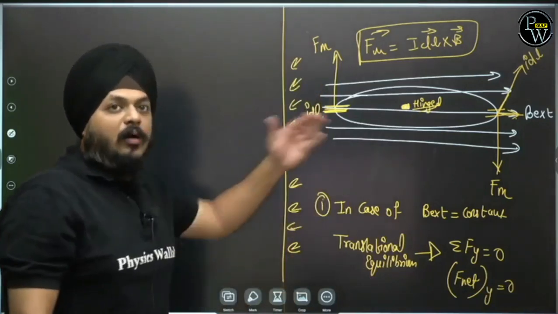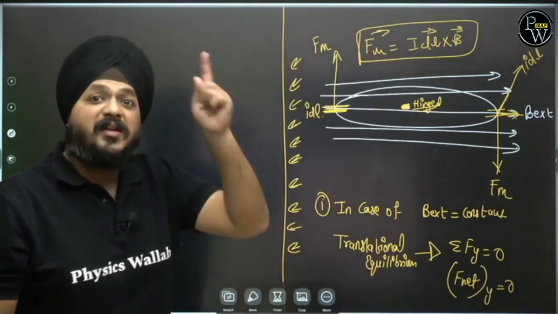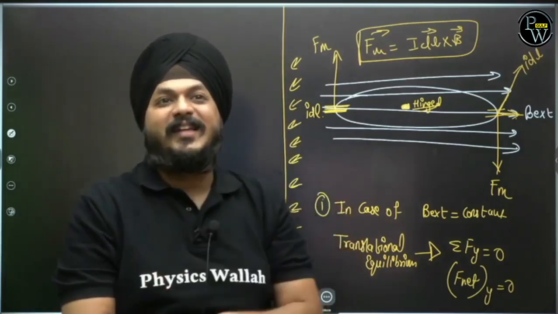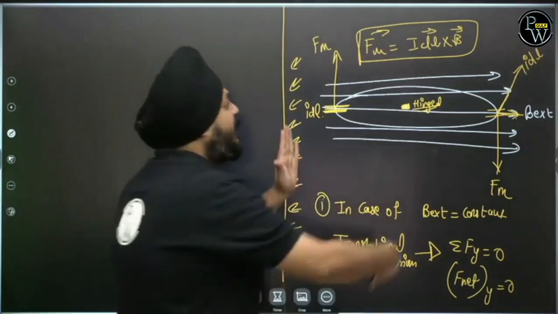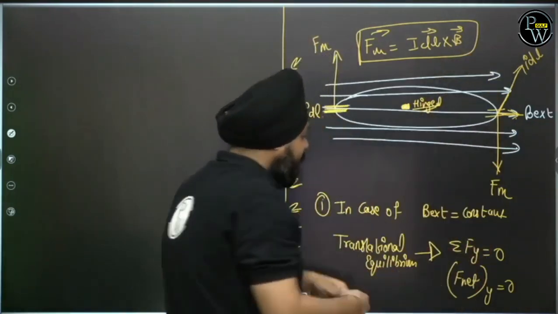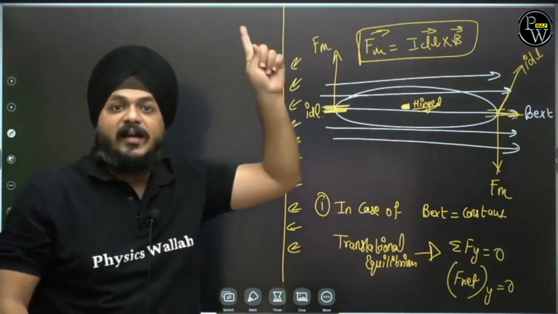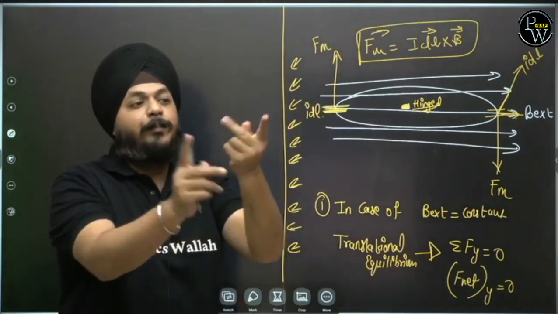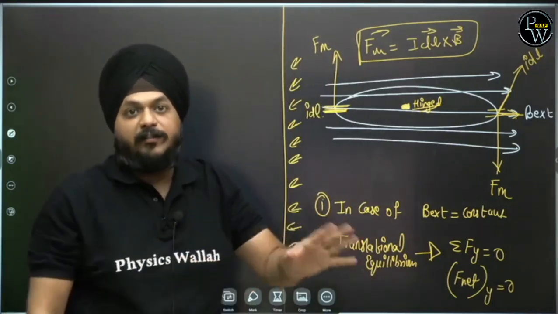Now what happens? Net torque is not zero. This thing we have already seen. You saw this in 11th standard, in rotational motion: the concept of translational equilibrium and the concept of rotational equilibrium.